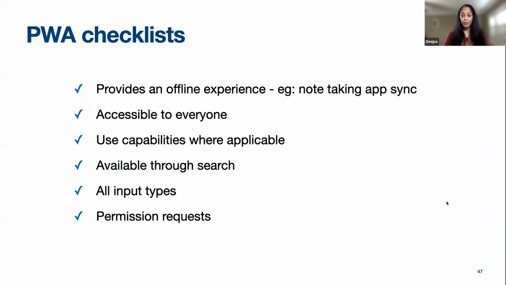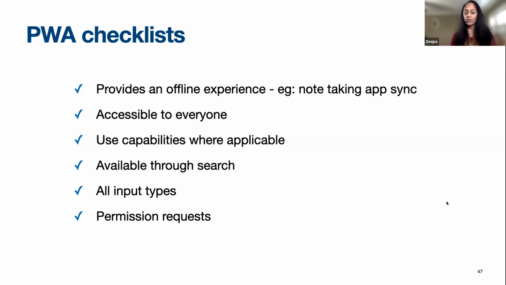And when we talk about input types, like I said, progressive web apps are not only for mobile, you can also create standalone applications too. But that said, when we use it, it should support all the input types. For example, mouse, keyboard. If you're using an iPad, it should support Apple Pencil, right?